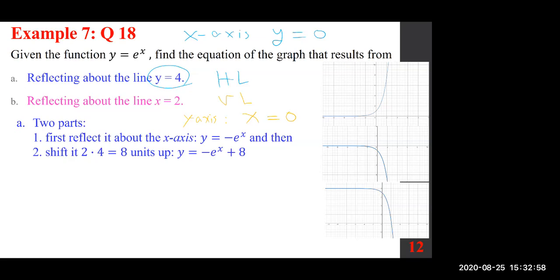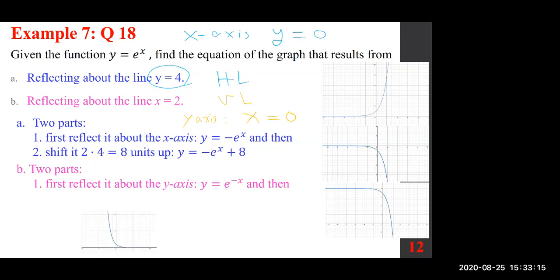So vertical line x equals 2 is 2 units away from that. So first we do the reflection accordingly with respect to the y-axis. That gives us this. And then we shift it by 4 units, 2 times 2 or 4. And that's what we get.